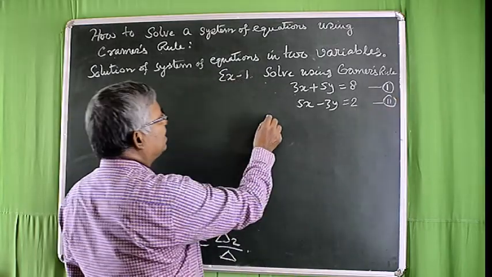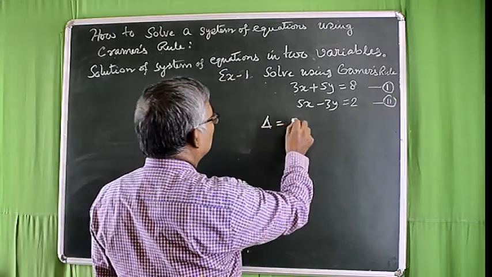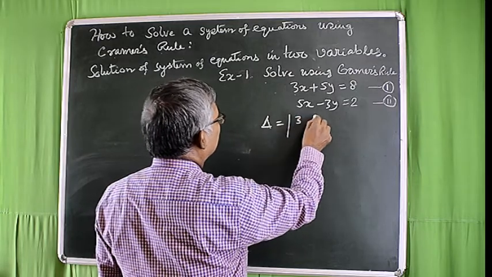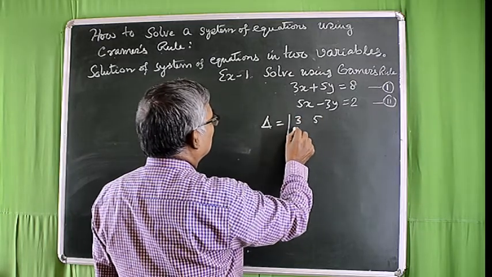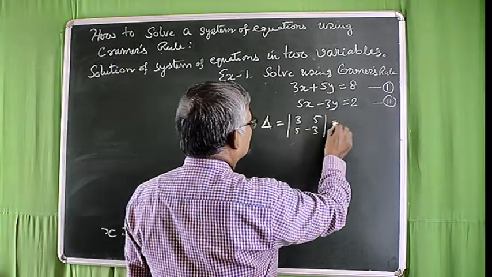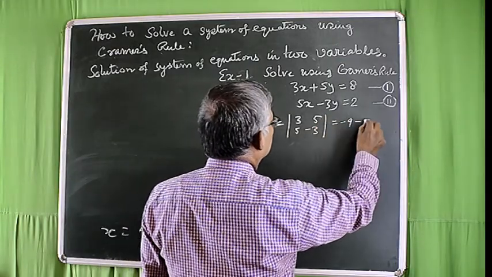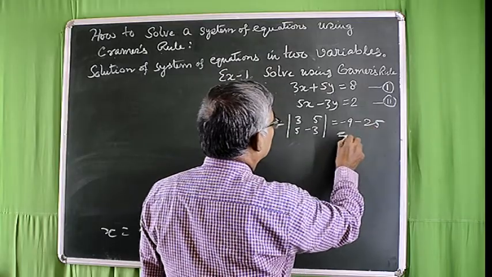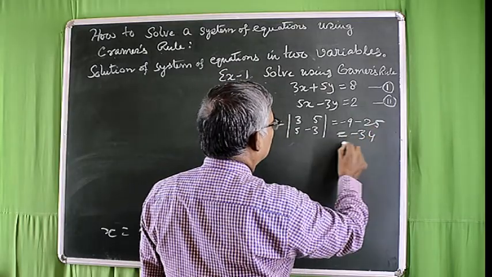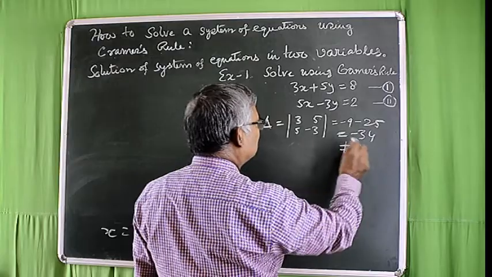Students, here del equal to the determinant 3, 5, 5, minus 3, equal to minus 9 minus 25 equal to minus 34, not equal to 0.